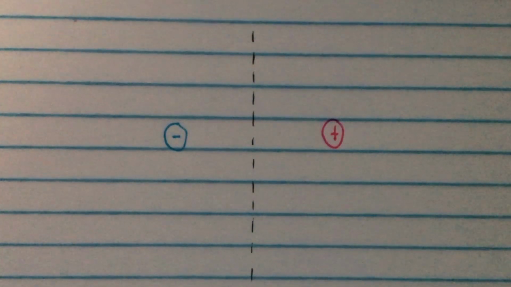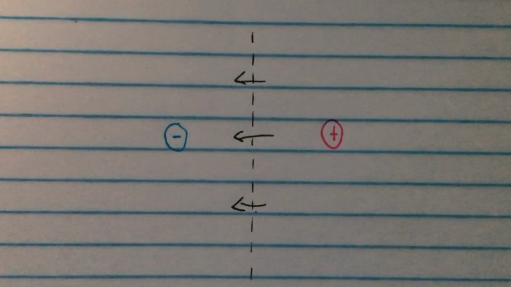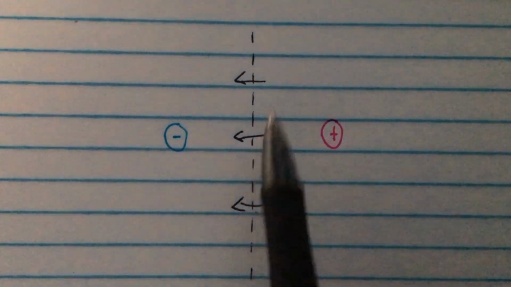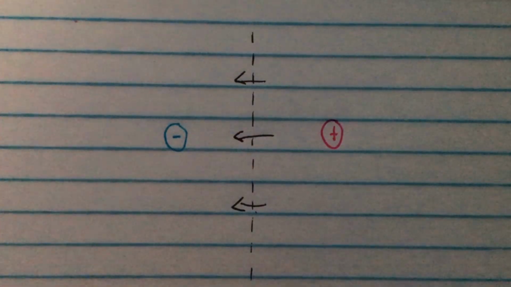So putting together what was stated before, the electric field on the middle line of these 2 points is straight, pointing towards the negative charge. However, as you deviate away from the center line, the electric field begins to be slanted, such as this point or this point.